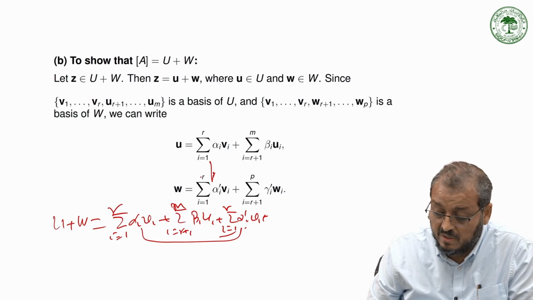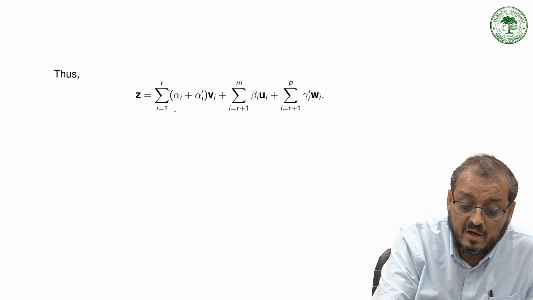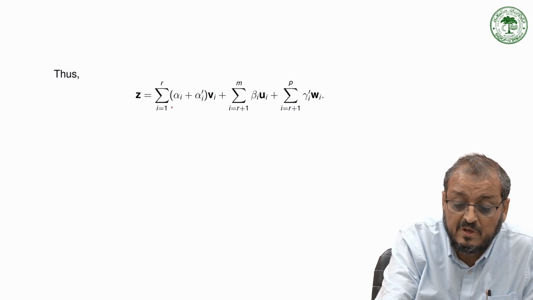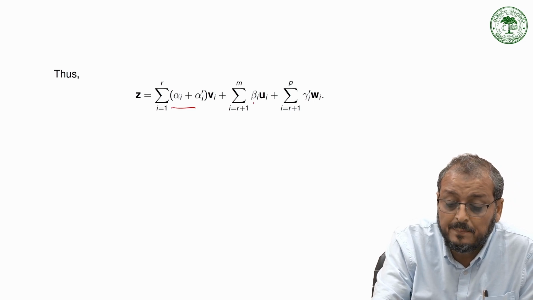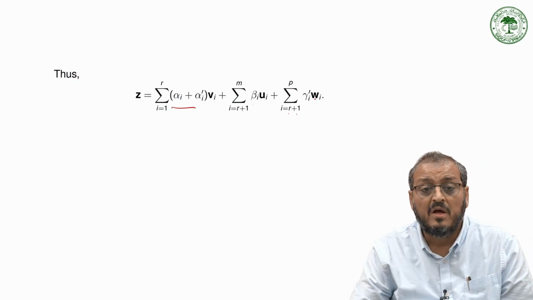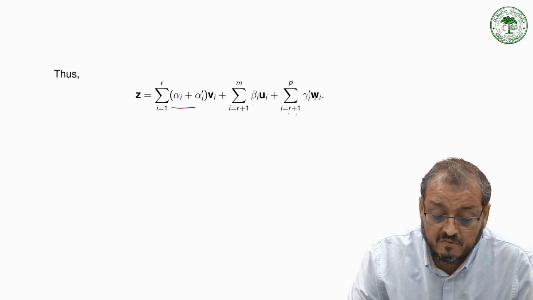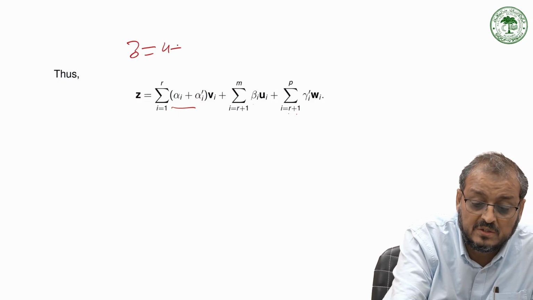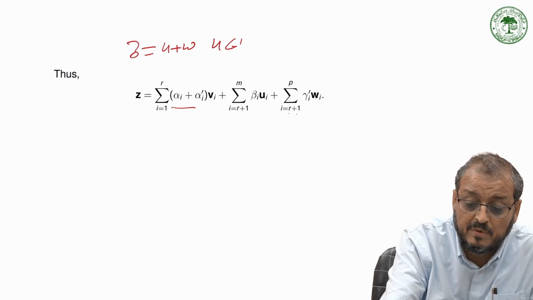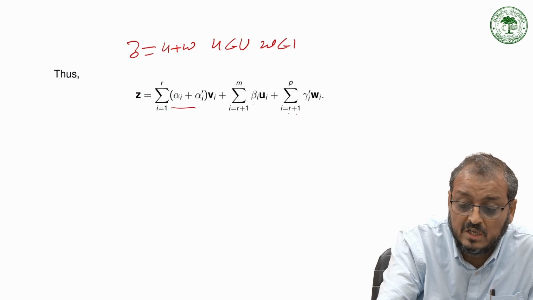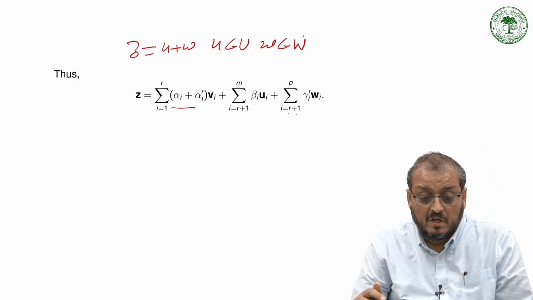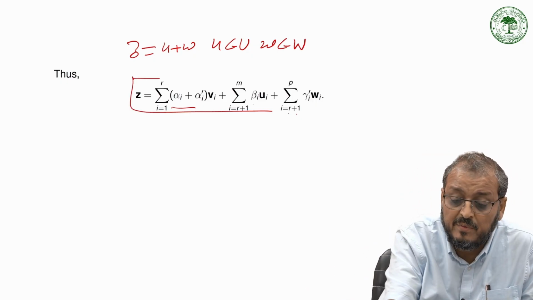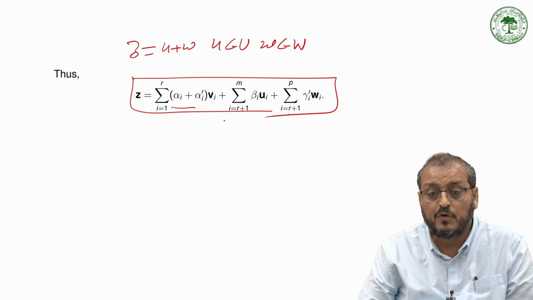So this can be written in the form of alpha i plus alpha i prime times Vi, plus the sum of beta i Ui, plus the sum of gamma i prime Wi. So z, which is u plus w, with u an element of U and w an element of W, can be written in this form.